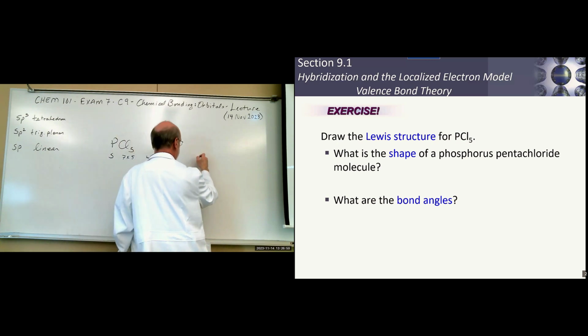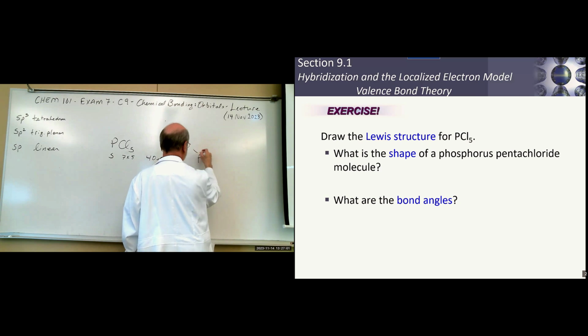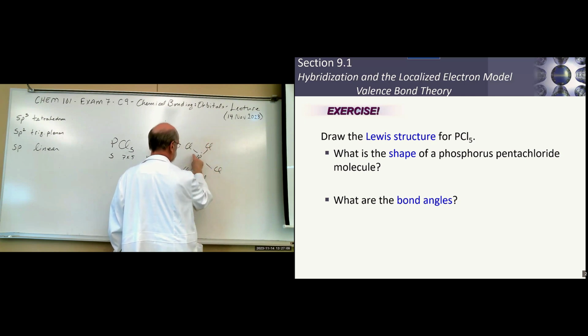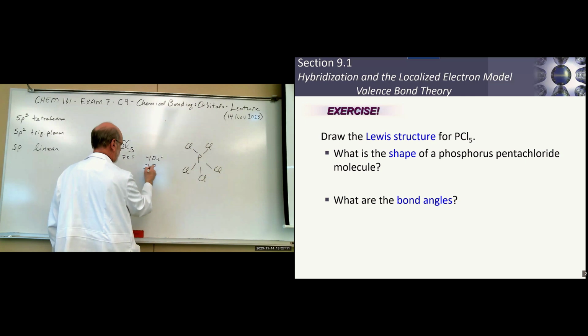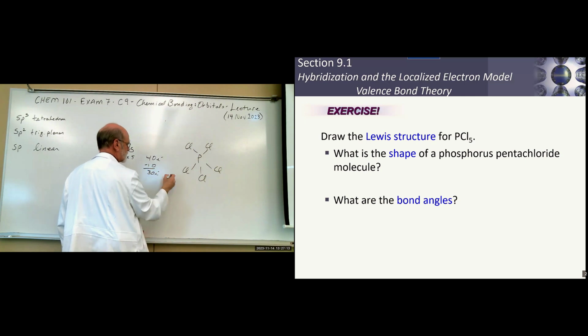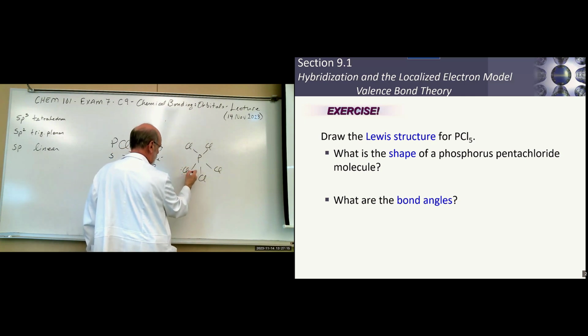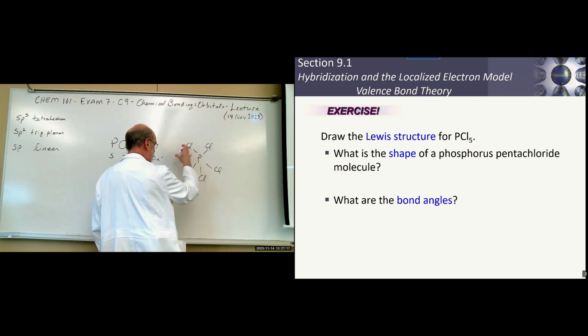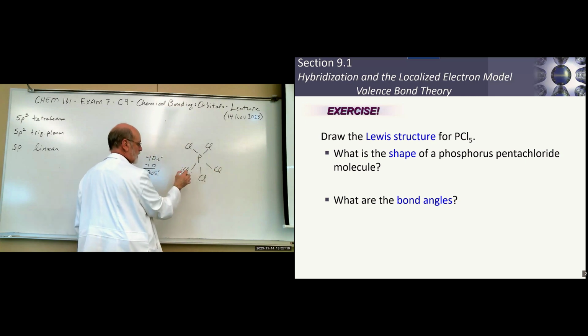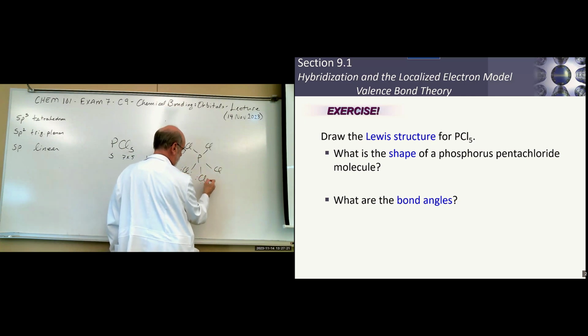So we have P in the middle. We have 5 orbitals. 2, 4, 6, 8, 10. That's 30 electrons. 6 times 5 would be 30, right? So we've used them all up if we do that.